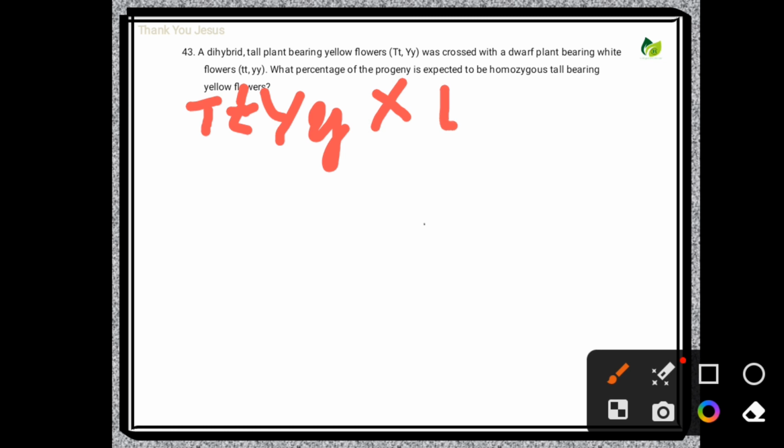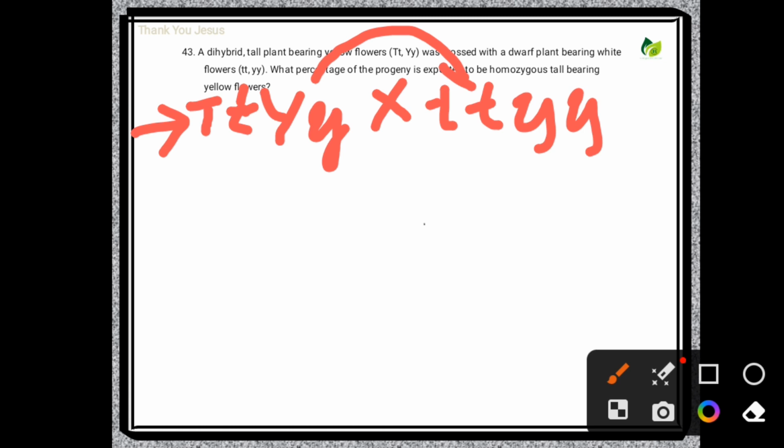Second parent is small t, small t, small y, small y. First parent is tall and yellow flowered plant. Second parent is dwarf and white flowered plant. So this is actually a test cross. Why? Because the F1 individual is going to cross with the recessive parent. This is actually a test cross.